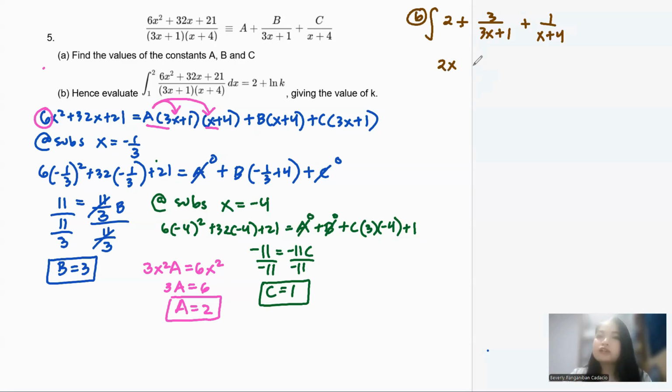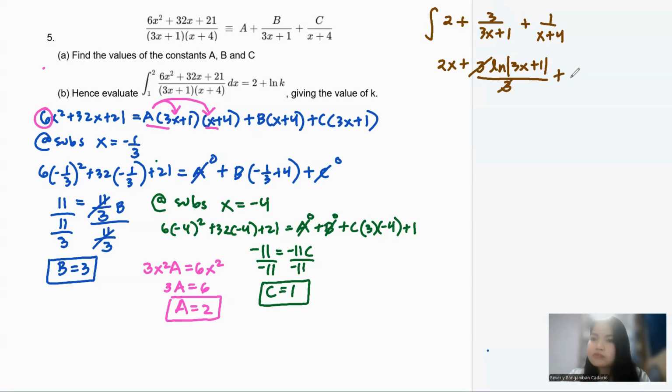Just adding the x there. For this one, this is a constant, so you can just put it out, but make sure that you have 3x plus 1, so it will be ln of the absolute value of 3x plus 1. But you're not yet done because you need to differentiate the inside and divide by it. The derivative of 3x is 3, so you're still going to divide by it. Others can do it with mental math because it just eliminates that thing, so you're just going to have ln of that denominator. But let me show you the concept behind that.